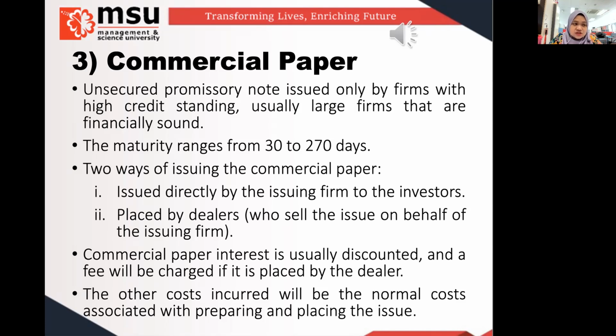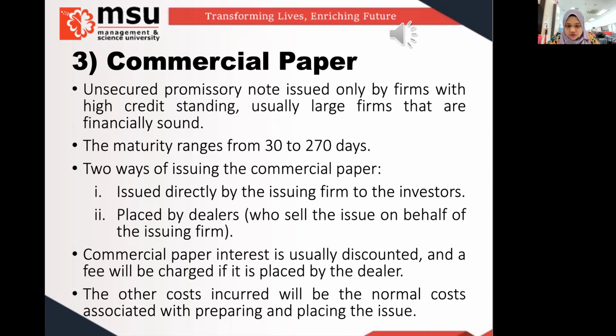All right. These agents are experts in issuing commercial paper, because issuing it involves a lot of contracts and agreements. So when the company assigns an agent, which is the dealer, this dealer will find who wants to invest in the company.